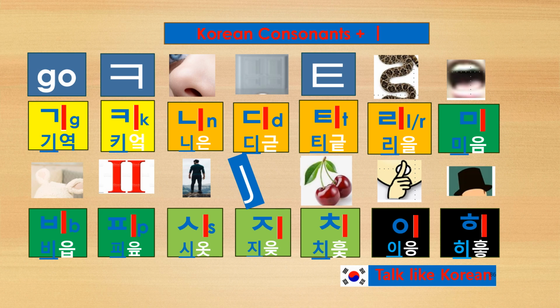So for you, try to remember like a 기 instead of saying 기억, just 기. 키, 니, 디, 티, 리, 미, 비, 피, 시, 지, 치, 이, 히.